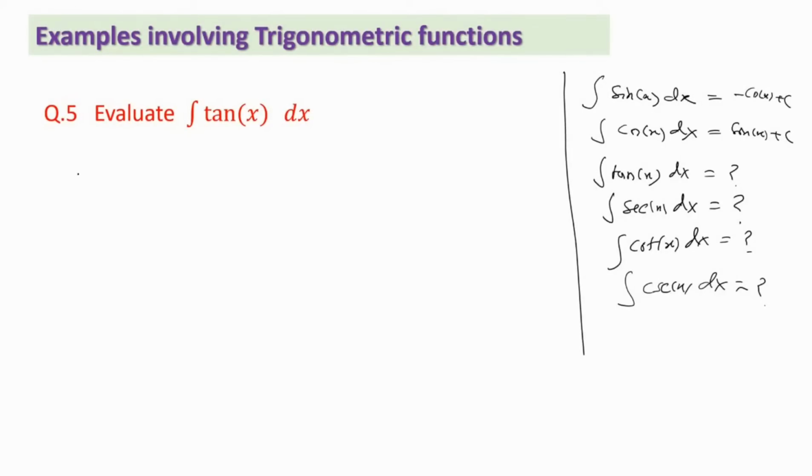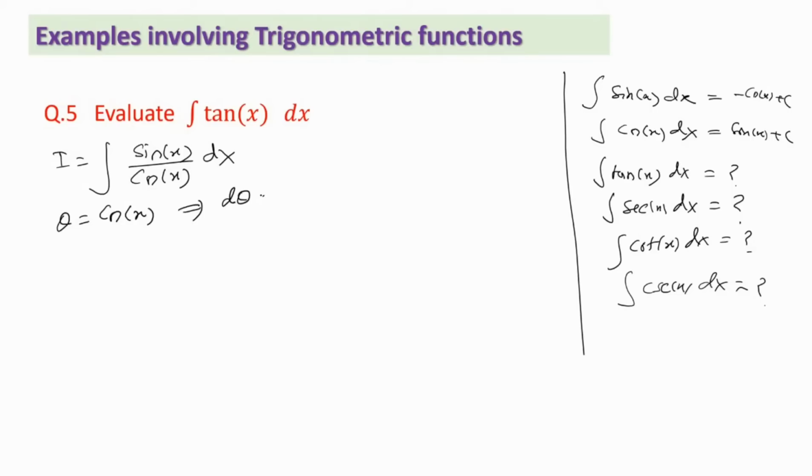So here first we will consider tan x. As we are discussing the substitution method, we don't know what the integration will be. So I is equal to, we need to convert tan x to sin x over cosine x dx. Then we will substitute theta is equal to cosine x.